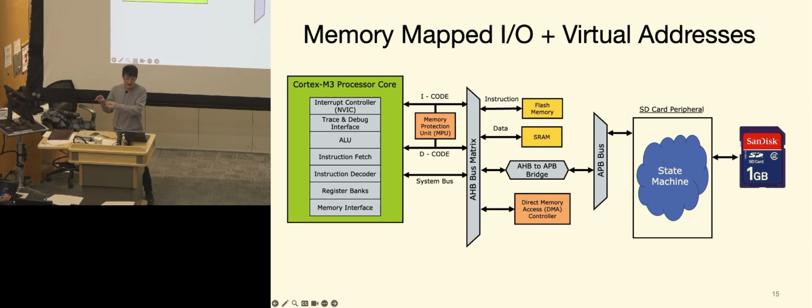Essentially, you can think of it as 1 gigabyte of virtual addresses being handled by this state machine. And how it works is, for example, you only need a couple of registers. The state machine would check the address, and then you have one buffer register.